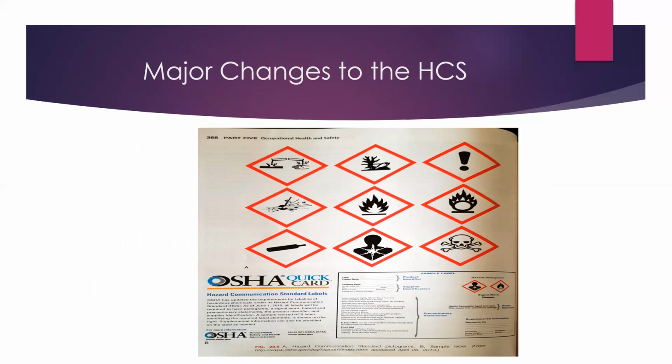You'll see this in figure 23-8 in your textbook. This basically shows the OSHA labeling, and there's a sample label to the right in the little box there. In this box, you'll see that it asks for the product identifier, the supplier identification, the pictograms that I mentioned, and also the precautionary statements, like what to do if something were to happen, first aid, for example.